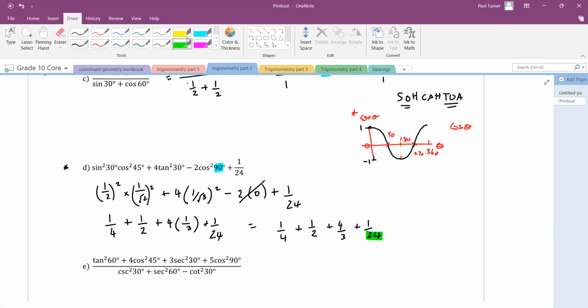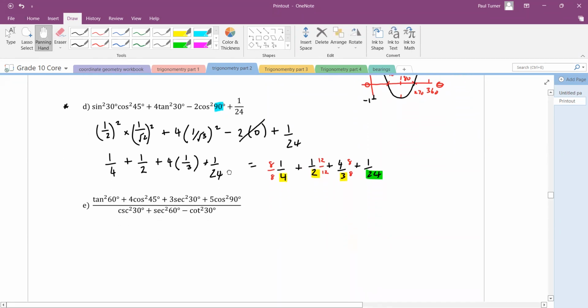So each of these numbers can be converted to 24, can't they? Each number. So if you want to make 4 into 24, it would be times 8, wouldn't it? So 3 would be 8, 8, and 2 would have to be multiplied by 12, 12. You see what I'm doing? I'm just trying to make a common denominator.